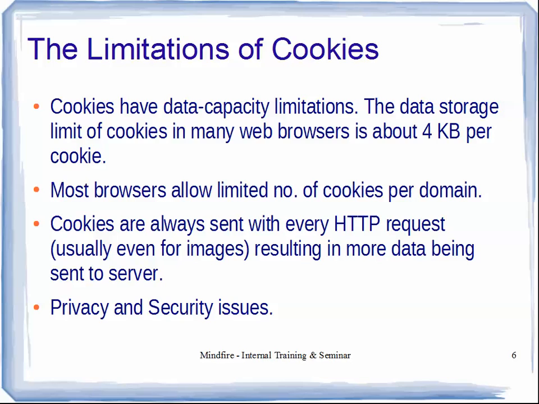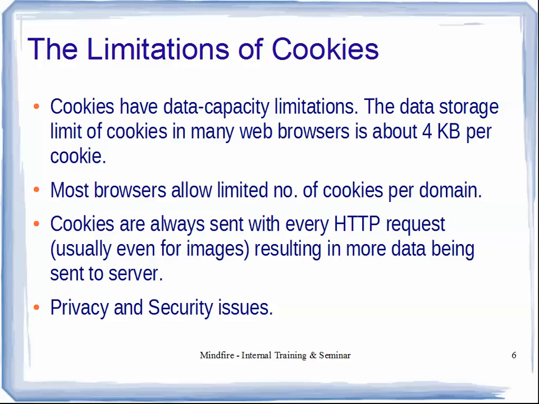Some browsers allow 300, some 180. Safari, I guess, allows around 600 cookies per domain, and each cookie can store a maximum of 4 KB of data. So that is the data limitation. Another limitation of cookies, which I have just discussed, is that cookies need to be sent to the server.